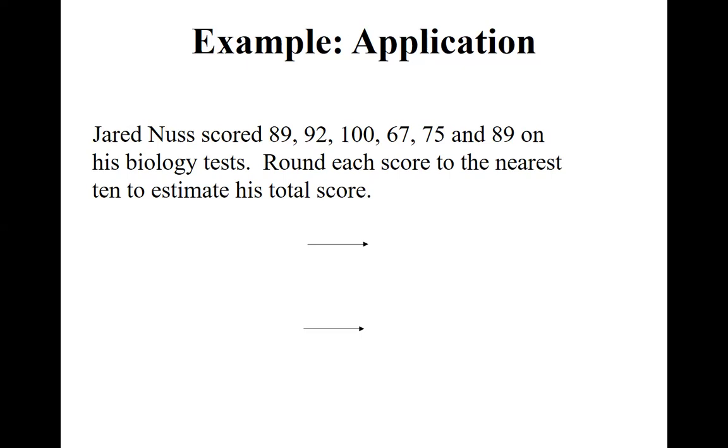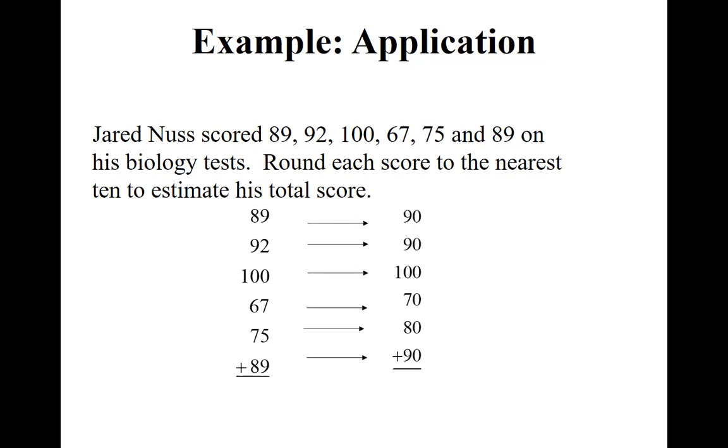Jared Nuss scored 89, 92, 100, 67, 75, and 89 on his biology tests. Round each score to the nearest 10 to estimate his total score. So we won't get an exact sum, but we will look at the sum of 90, 90, 100, 70, 80, and 90.